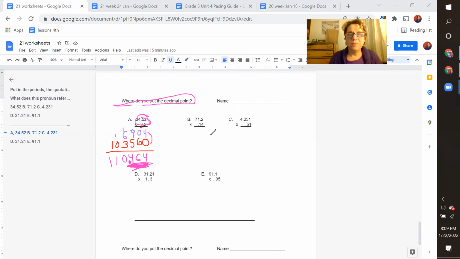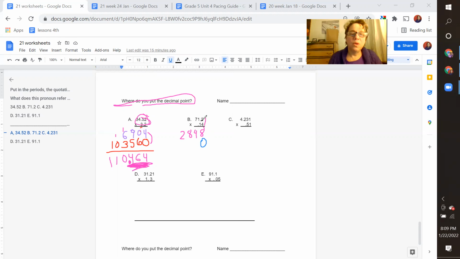So far, so good. Let's try letter B. 4 times 2 is 8. 4 times 1 is 4, so easy. 4 times 7, not so easy, but I know it, is 28. Am I finished? No way. Now I'm going to do this easy one. First, of course, we put the 0.